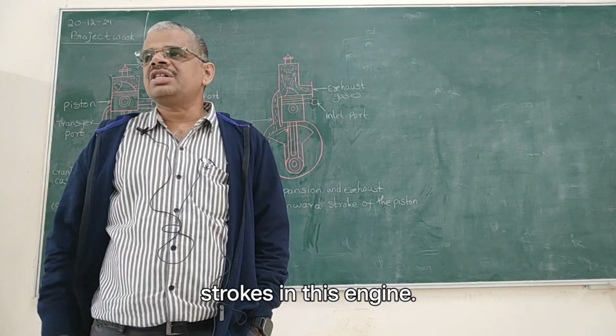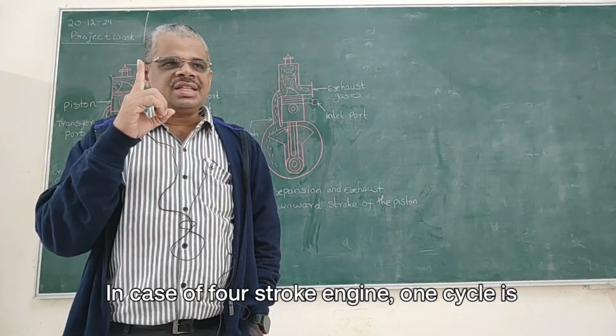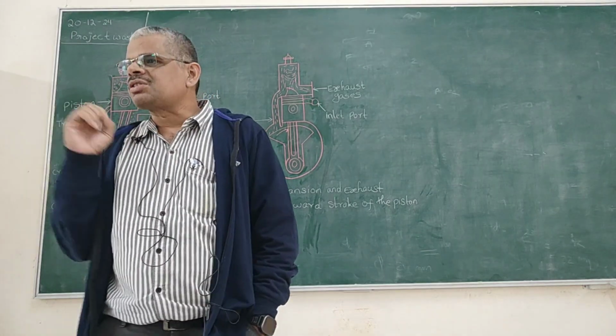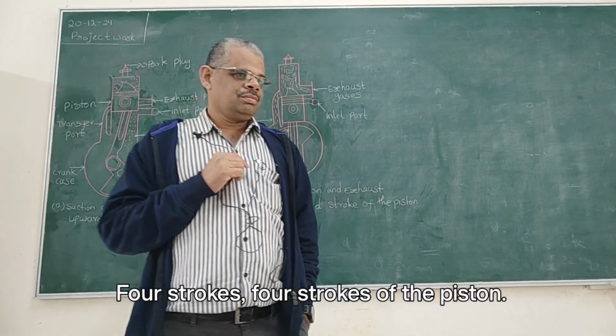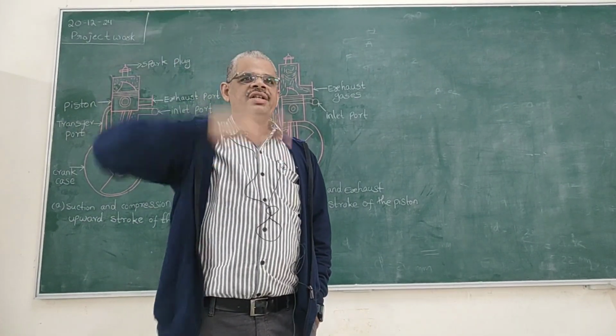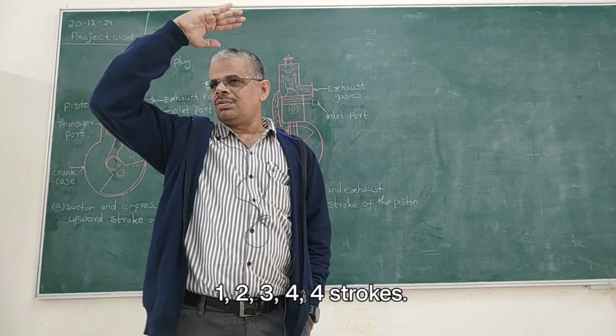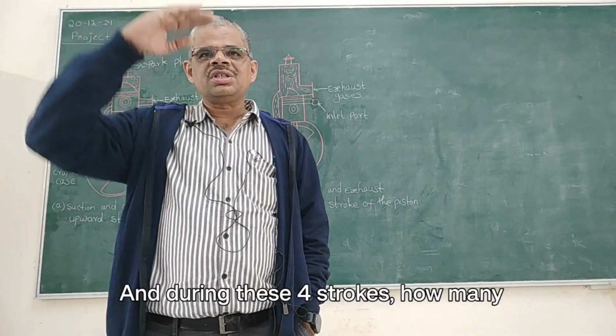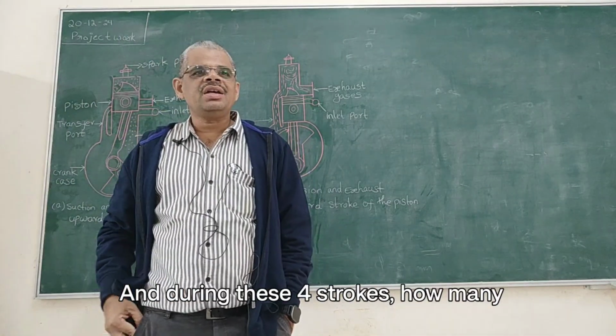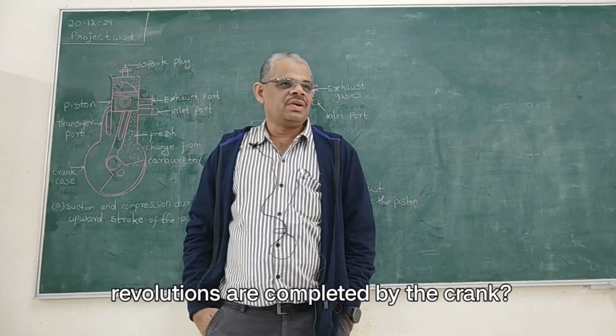In case of four-stroke engine, one cycle is completed in how many strokes? 4 strokes of the piston. So, 1, 2, 3, 4. And during these 4 strokes, how many revolutions are completed by the crank? 2 revolutions.